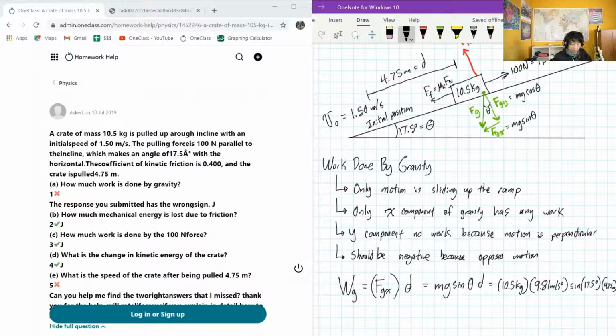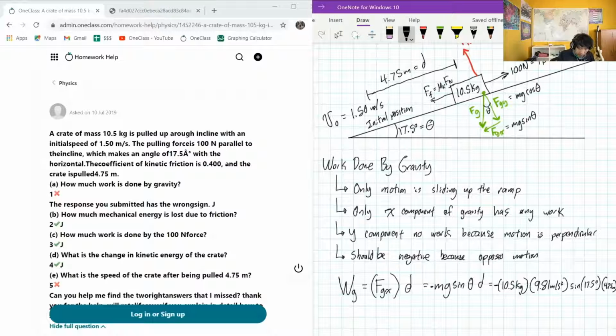Okay, so let's ask our handy dandy calculator what that calculation is. Oh, keep in mind that this has to be negative because it opposes the motion and because the force is going in the negative direction. Okay, so that's where the negative comes from. Negative is also going to be there. And yeah, let's figure out what this is going to be.